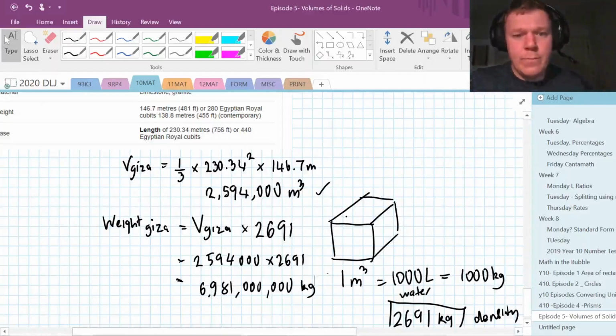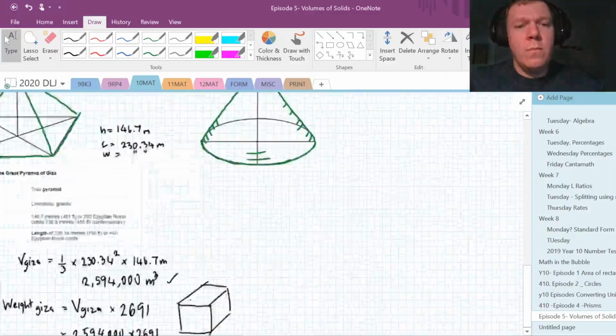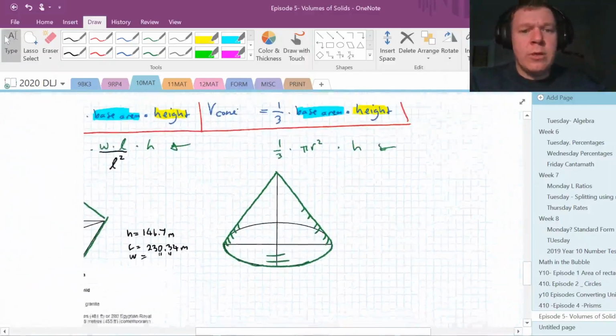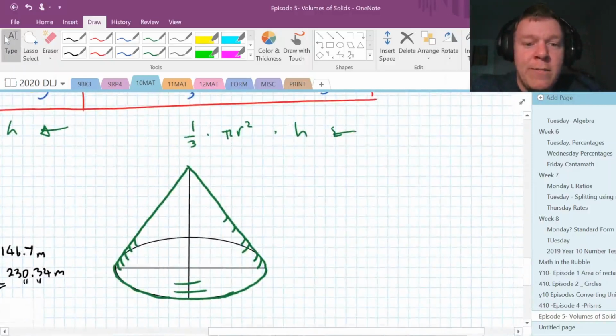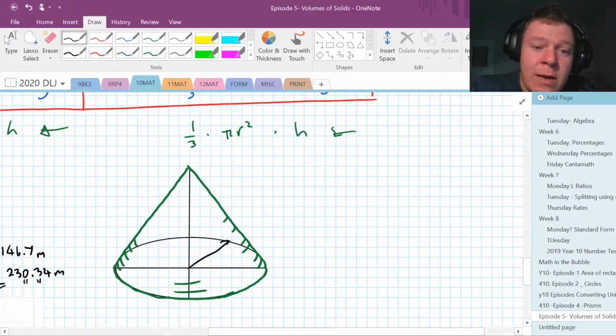Okay. The cone is going to be the question that I'm going to see if you guys can work out. What would a road cone be?